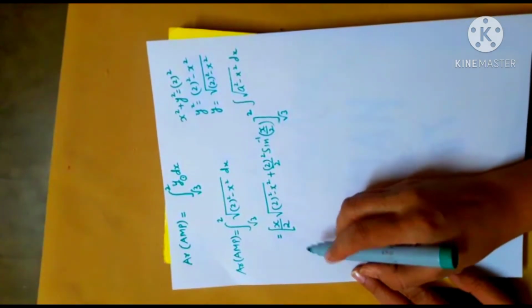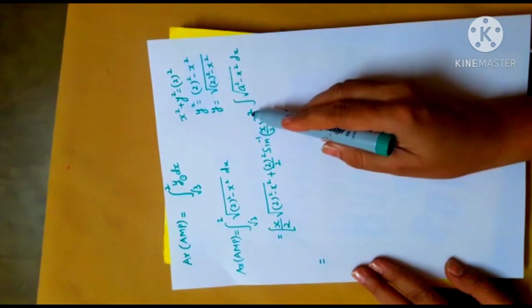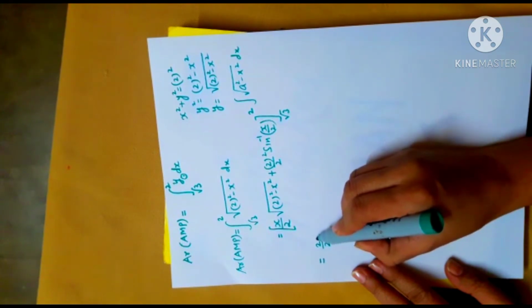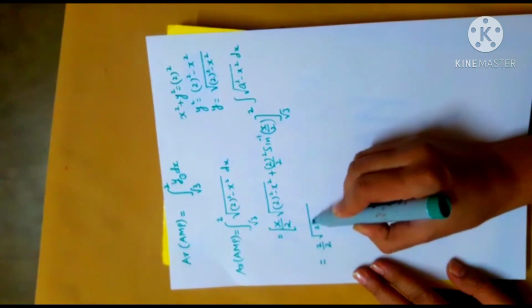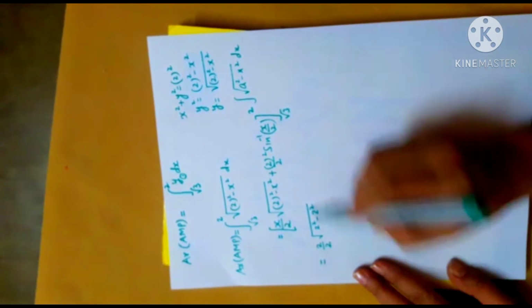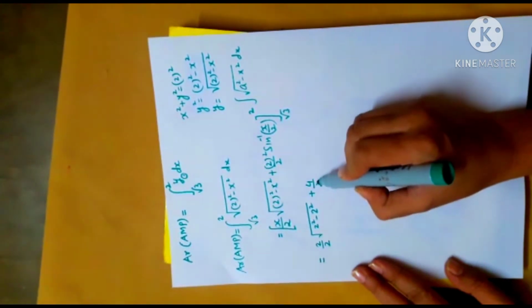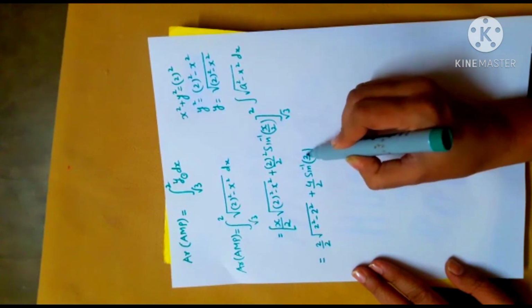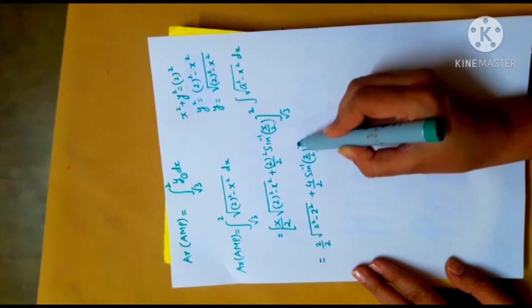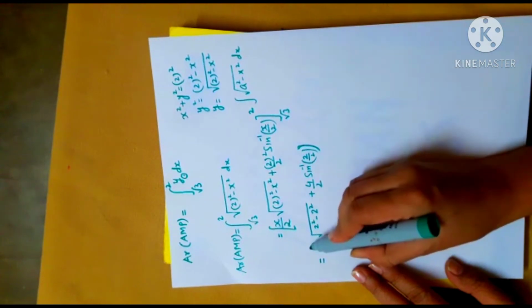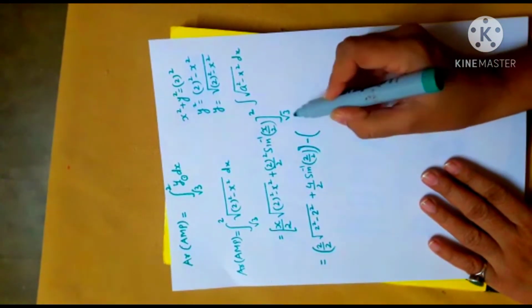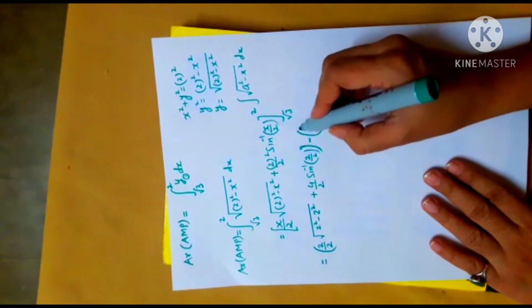Yes, first I'll compute the value at the upper limit. So I'll replace x with 2. Here I'll get 2 over 2 into square root of 2 square minus 2 square plus 4 by 2 into sine inverse 2 by 2. Right? This is the value at the upper limit minus the value at the lower limit. I'll replace x with root 3.